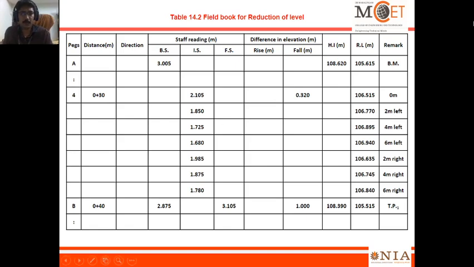On each point the staff readings were taken and their RLs were calculated, and the next point, the next 10th meter, is 0 plus 40. There we close the survey for the particular cross section, but it may be continued for the next also. So that backsight, right.